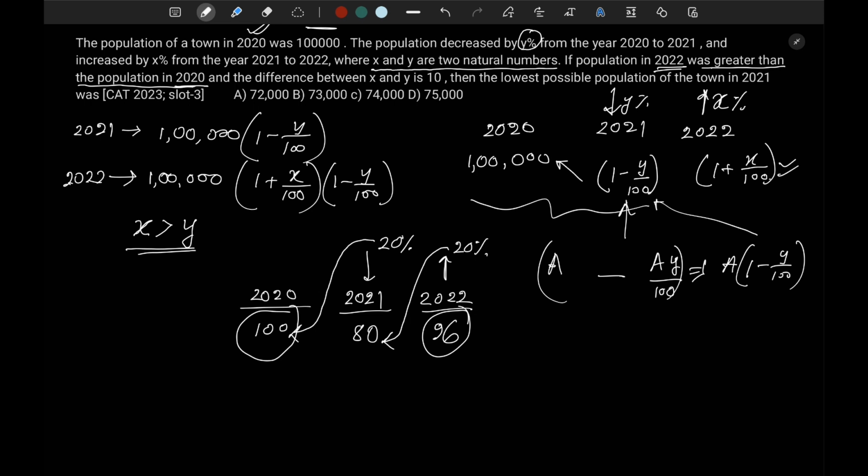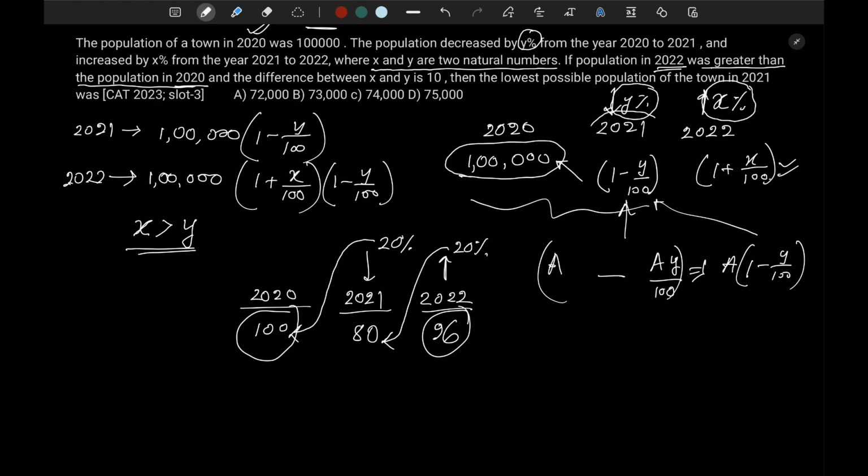So the general thing to understand here is that when we are saying that in 2021 the population went down by y%, the y% is taken on a larger number than when we are saying that in 2022 the population went up by x%. That x% was taken on a smaller number. Why smaller?